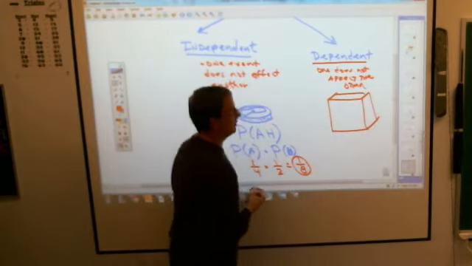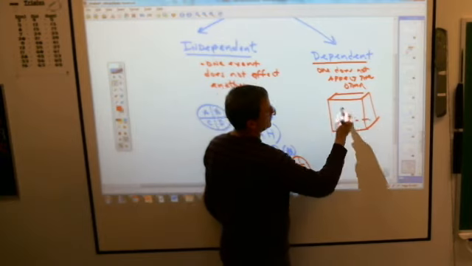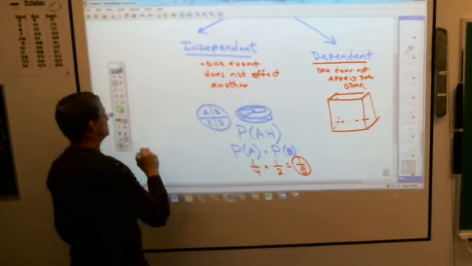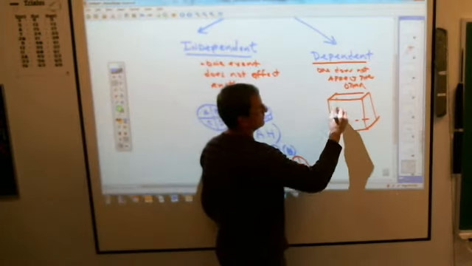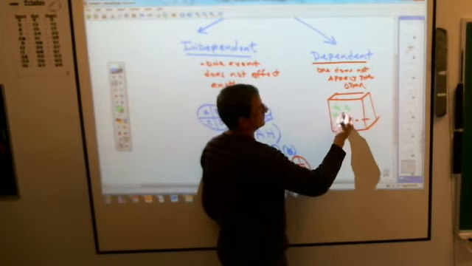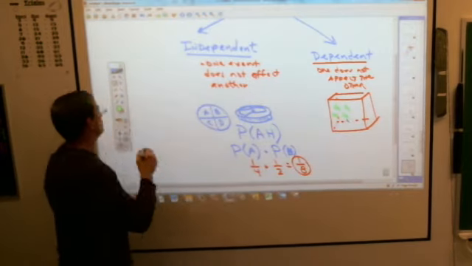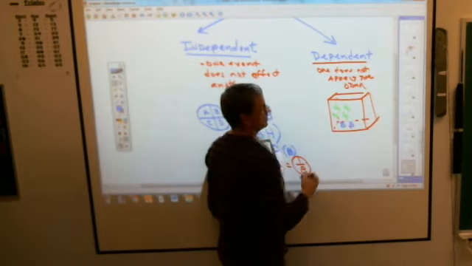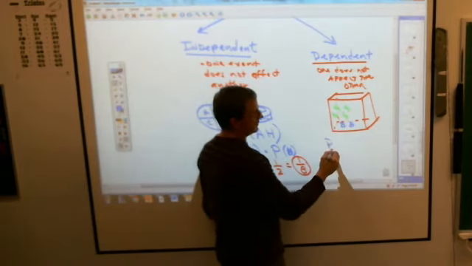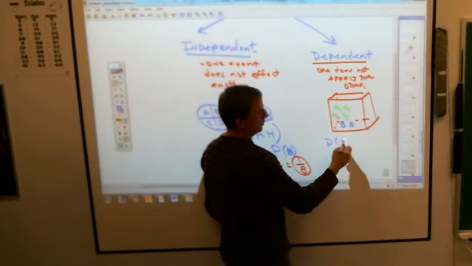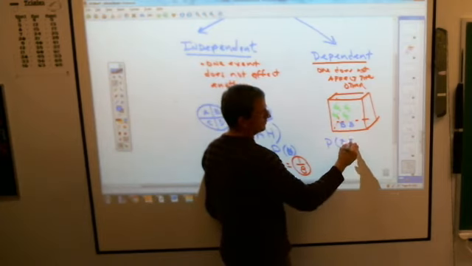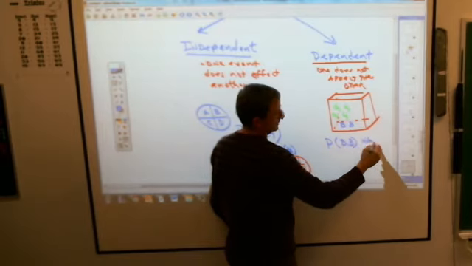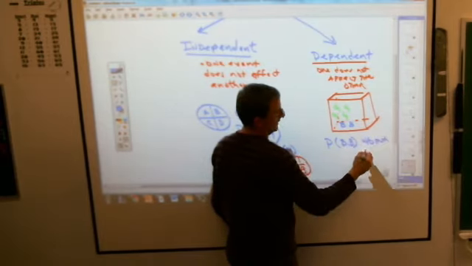In that bag you have 4 green marbles, which nobody can see, and 2 blue marbles. And I asked you the probability of pulling out both blue marbles, and here's the key, without putting one back when you draw it.